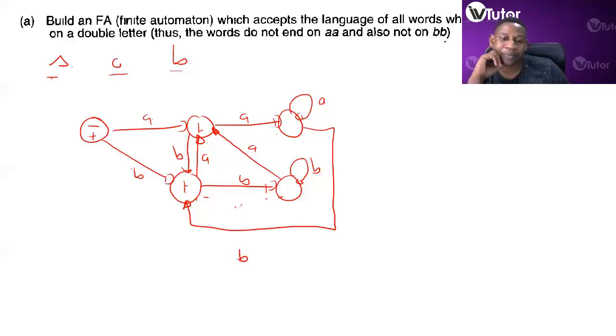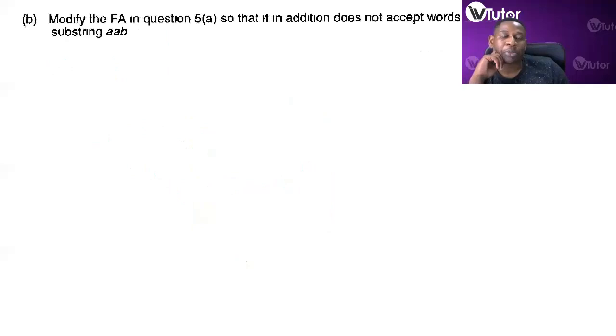All right, next one. Modify the finite automata in question 5a so that it, in addition, does not accept words containing the AAB substring.